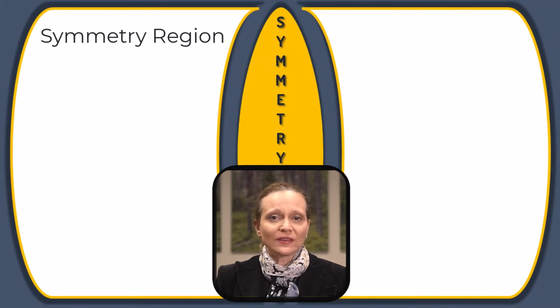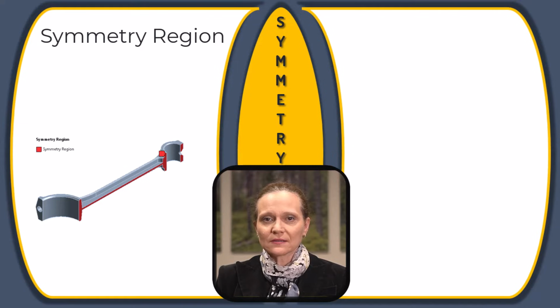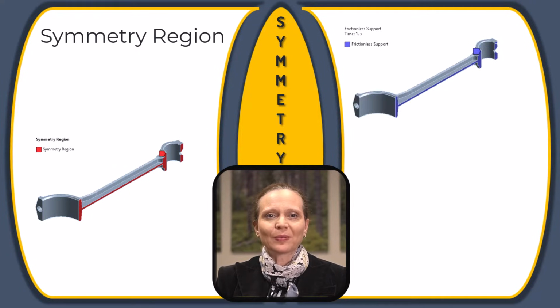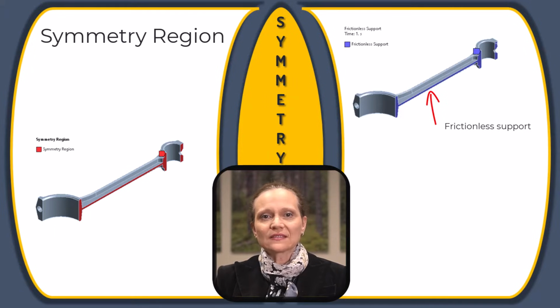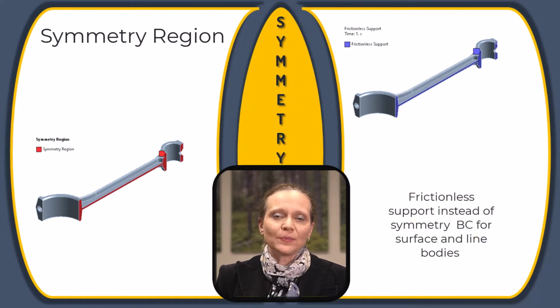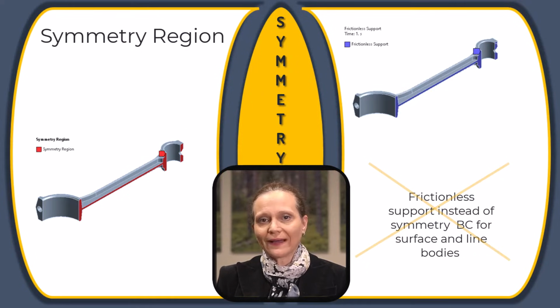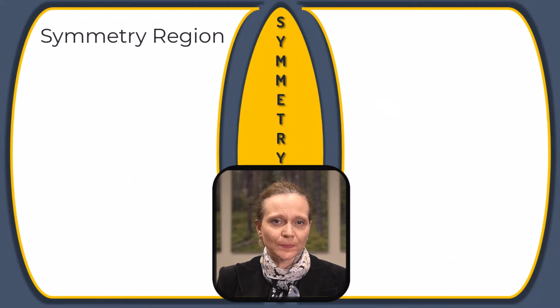It is worth noting that for 3D solid bodies, instead of symmetry region, a frictionless support can be applied on the face lying on the symmetry plane, since a frictionless support also constrains translations normal to the face. However, frictionless support cannot be used as a replacement for symmetry region for line or surface bodies, since in-plane rotations will not be constrained with frictionless support.